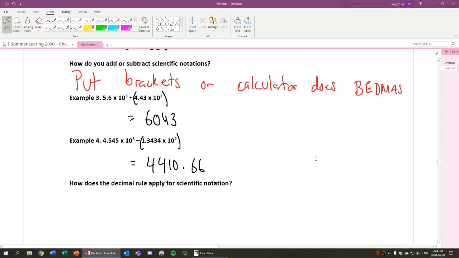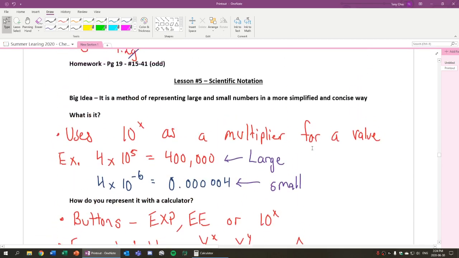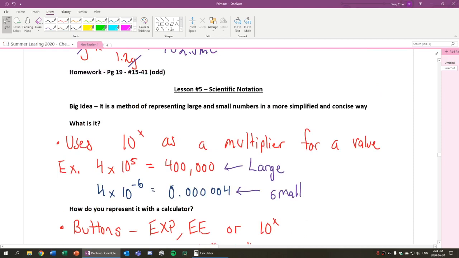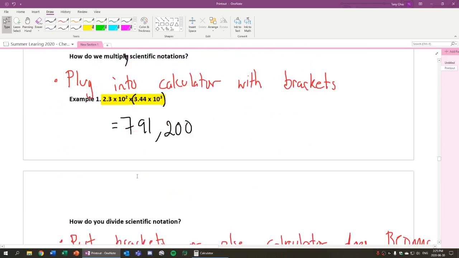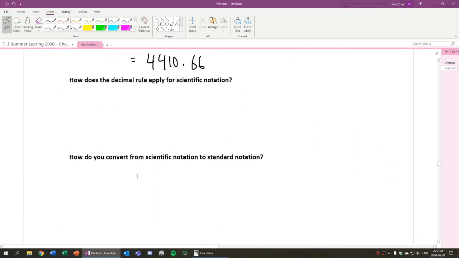So what does scientific notation really mean? Remember, it's a way to represent large numbers and small numbers. But what does this 5 or negative 6 in this case mean? What it means has to do with how the decimal moves.